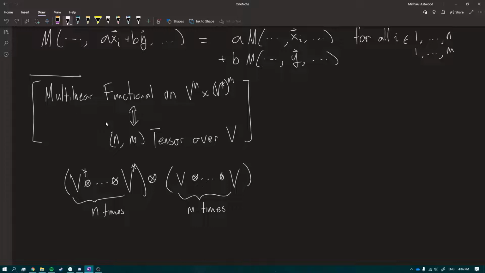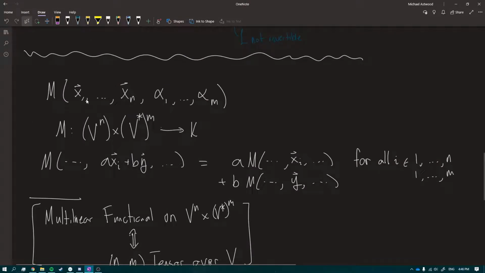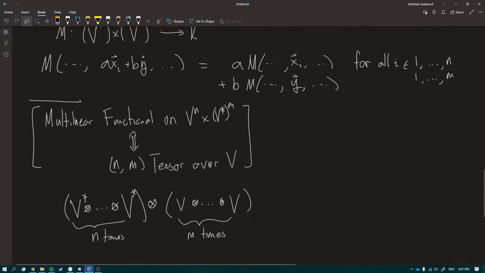So when you input a vector and you get a number, you want an element of the dual space to be acting on the vector. So really, this is like the combination of n covectors and m vectors. So we're going to plug these things into the covectors, and we're going to plug these things onto the vectors that you input.